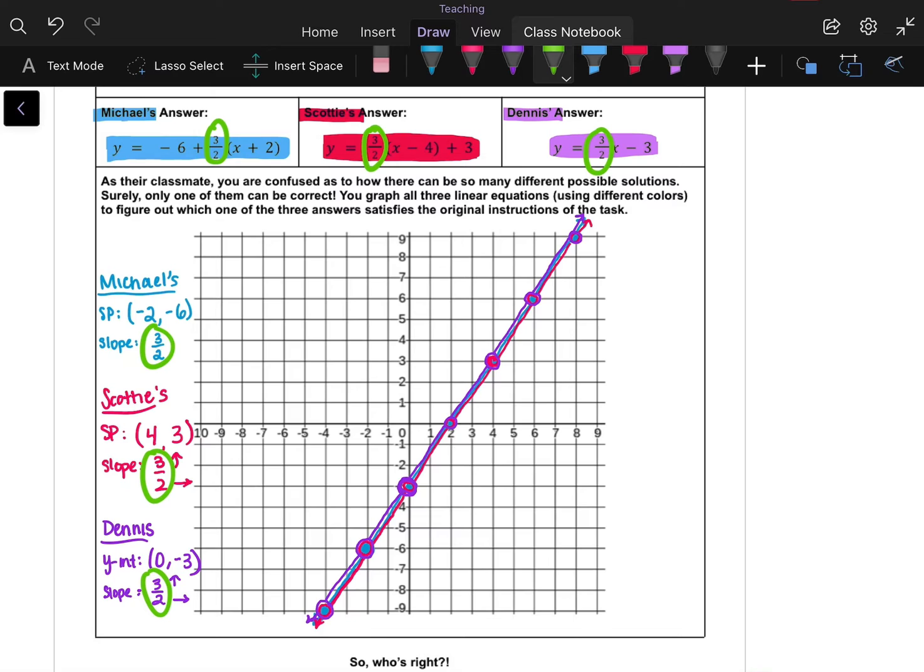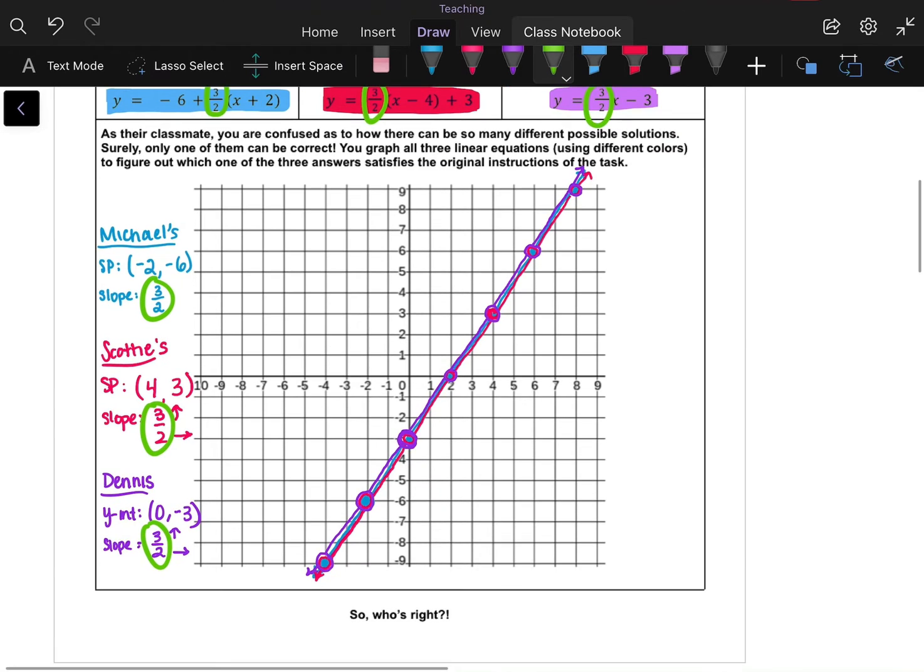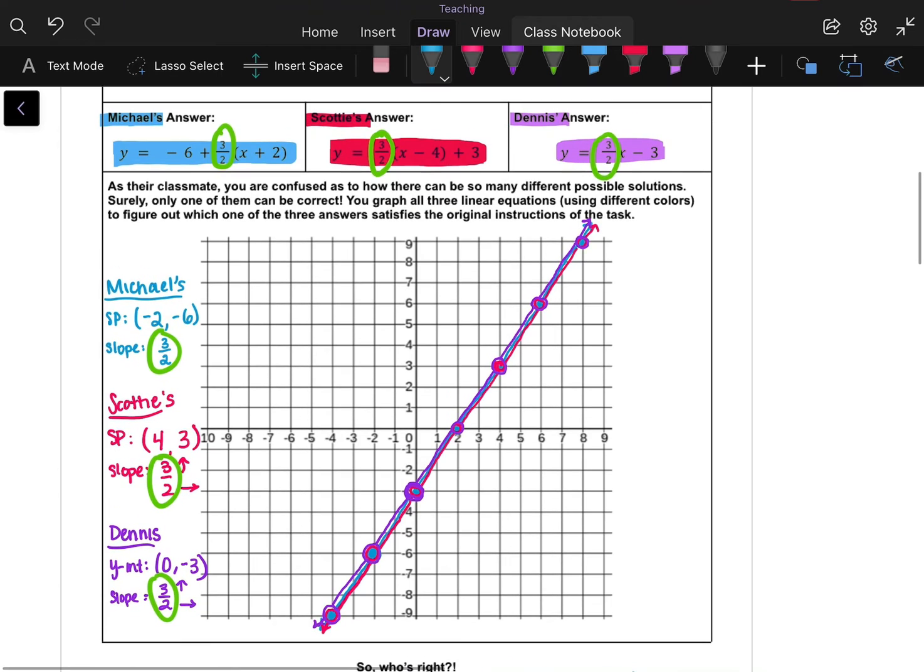So whose equation is correct? It's actually going to be all of them. So all 3 are actually correct. We can see again they all had each other's starting points here. So Michael's starting point was (-2, -6), so we have all 3 of those colors down there.